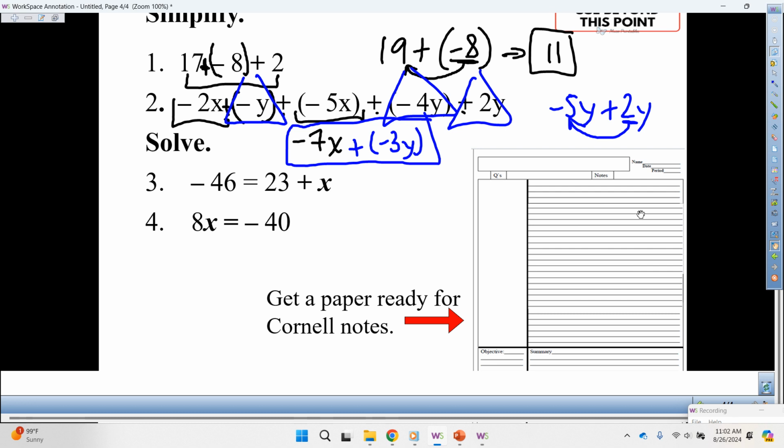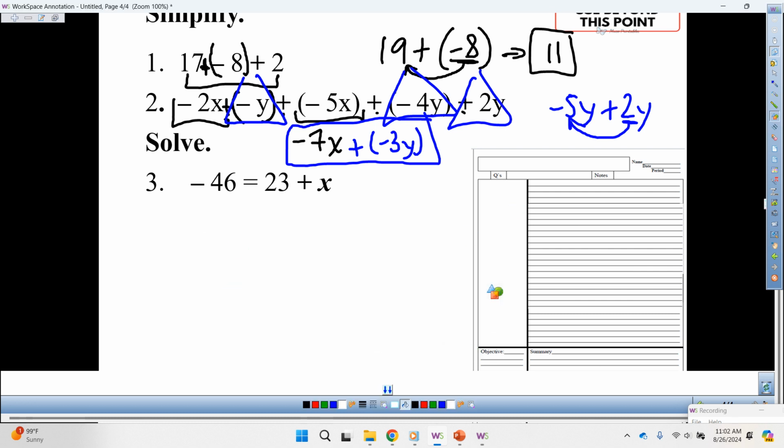Let's go to number 3. It reads, negative 46 equals 23 plus x. Now, we're going to get into this starting tomorrow, I'm just bringing them back. But I like to approach it like a balance scale. So I draw a line down the equal sign, and I need to leave the variable by itself.